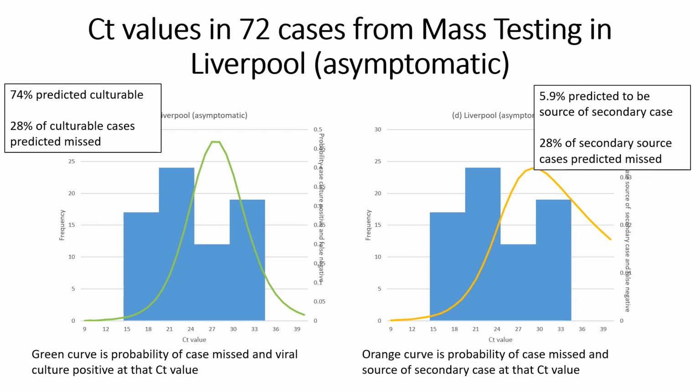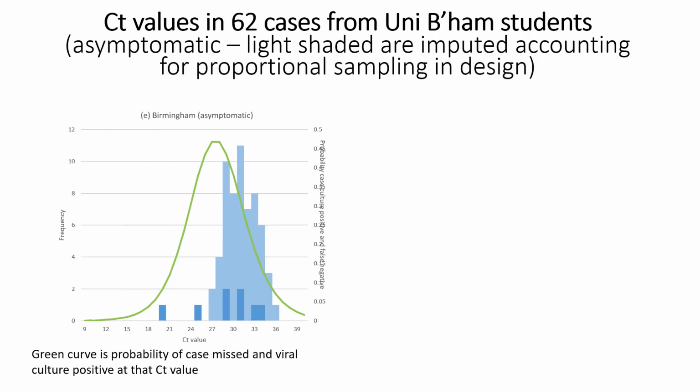And finally, the Birmingham University data. Now, this was a bit of a shock when we did this study because the sensitivity came out at 3%. We had very few positive cases, only 2 detected in the whole 7,000 students, and we did a sample of 10% of the Innova negatives and found another 6.